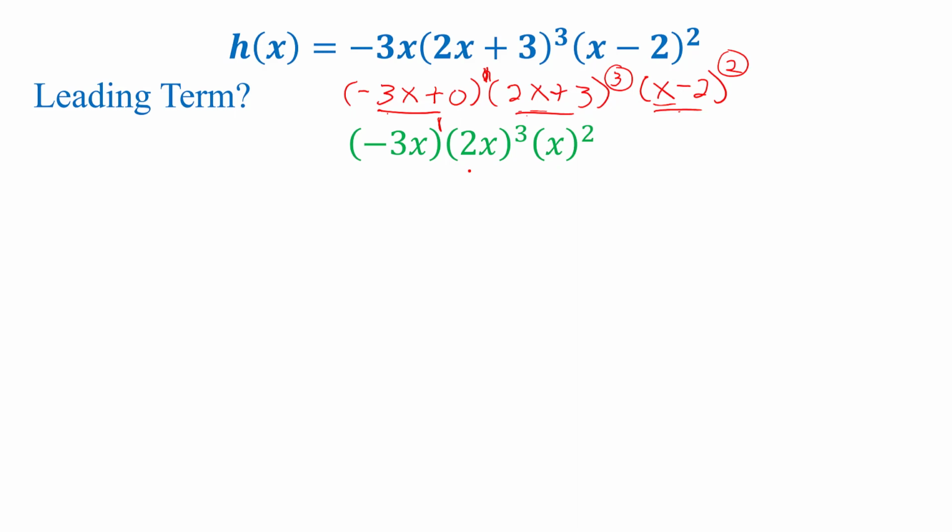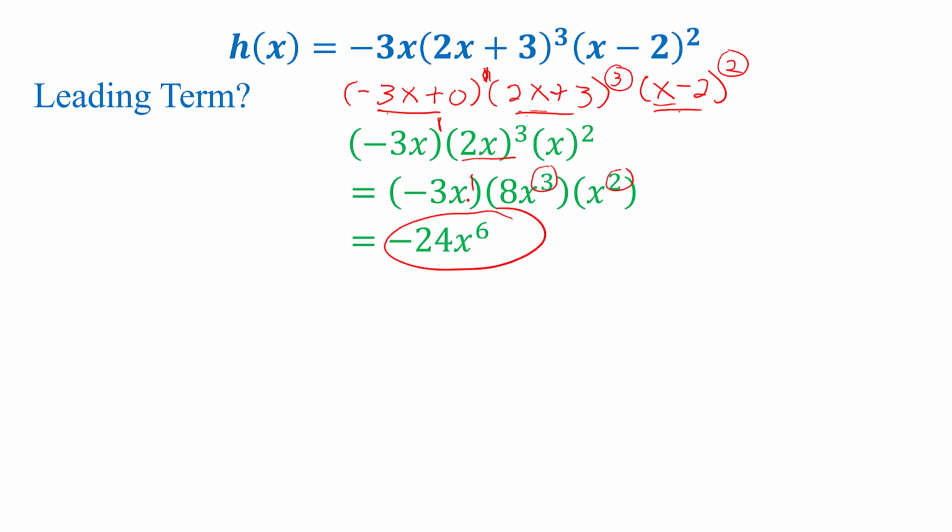This simplifies to negative 3x times 8x cubed times x squared. Negative 3 times 8 is negative 24. We add together the exponents on the x's, 1 plus 3 plus 2, and we get negative 24x to the 6th as our leading term.